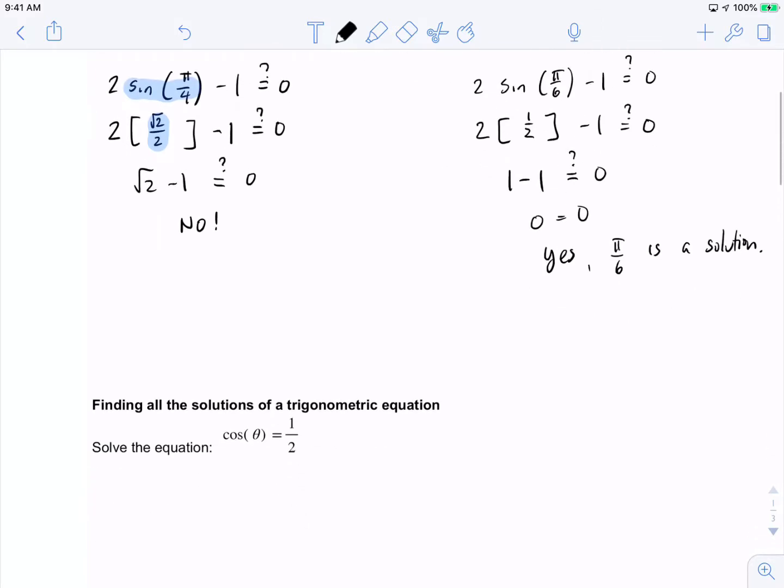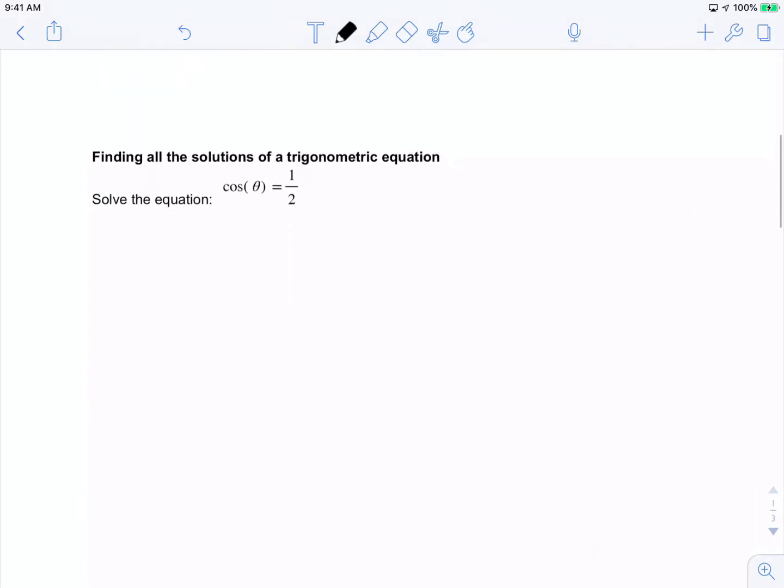Okay, our next example is cosine theta is equal to 1/2, and again let's remember that cosine of theta is equal to x over r. So when I go to graph this thing, it's 1 over 2, and so x is 1 and the radius is 2.